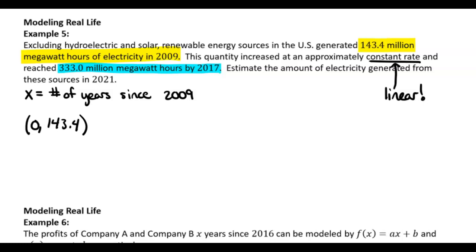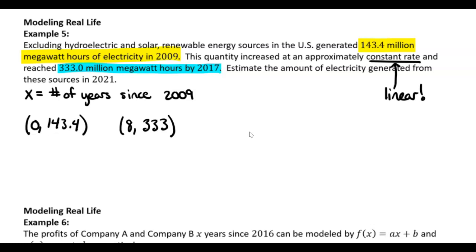I'm going to write that as a point. So 0 represents 2009. Think about 2017. How many years after 2009 is 2017? It is 8 years after. So 8 years since 2009 is 2017, and the electricity was 333 million megawatt hours.